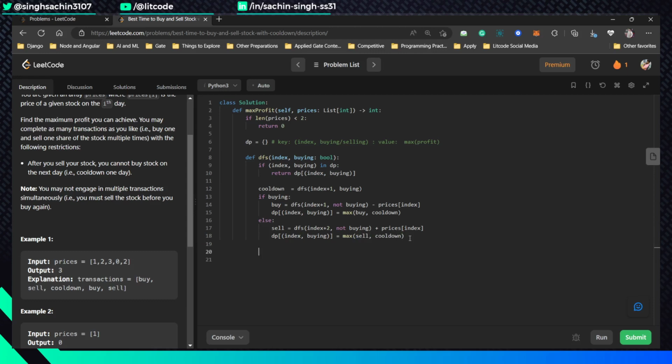Okay, that's fine. At the end of this function, I want to return the data which we have prepared. Our result will be the maximum value we have when we start from index 0, if we buy.